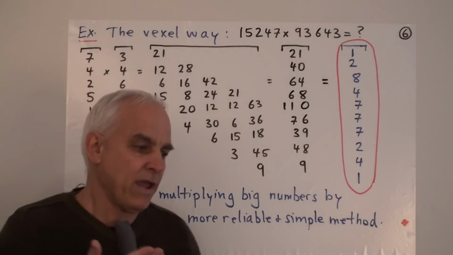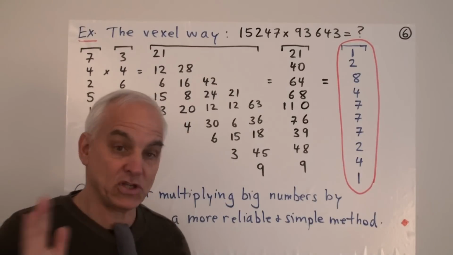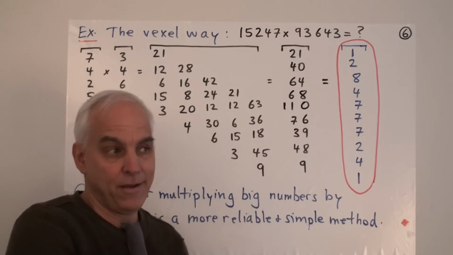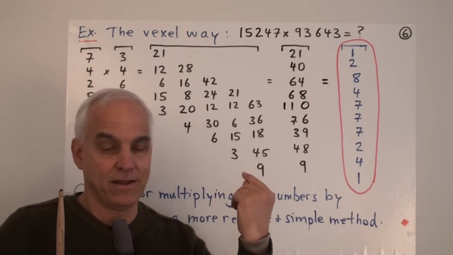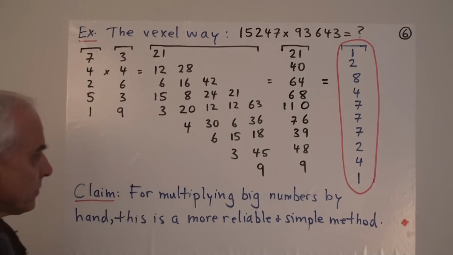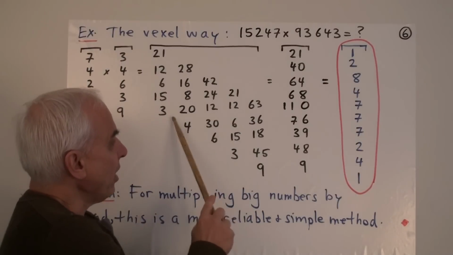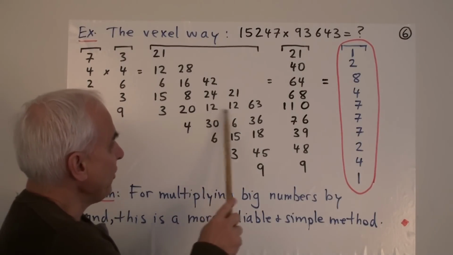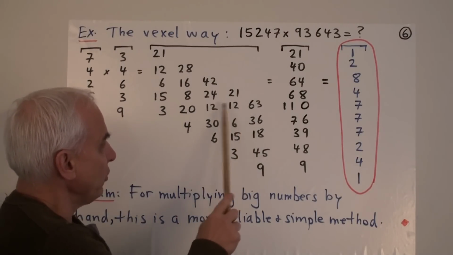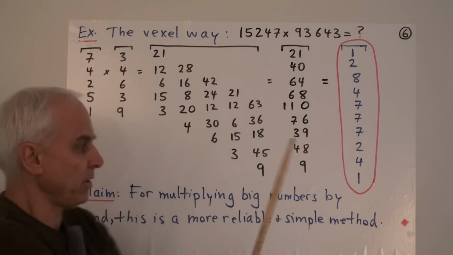So this is a way for us to circumvent a lot of those carries that were sort of distributed throughout the whole procedure in the last case. Now all the carrying is sort of concentrated at the end. Mind you, there's also a little bit of carrying as we add up these rows here. So when we added up these rows, we would of course also have to do a little bit of carrying to add up to get to 110, typically.